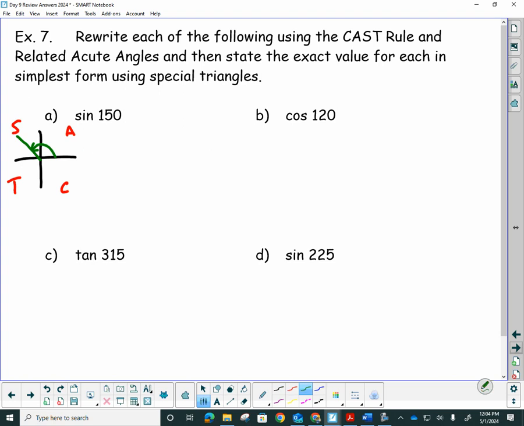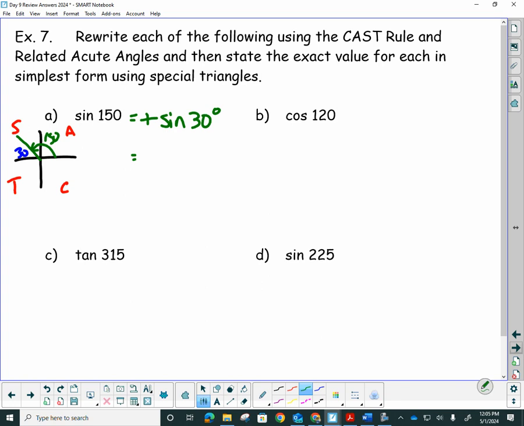So we're going to write down plus sine, and then we use the related acute angle. Since it goes 150 all the way over here, all the way over here would be 180. So 180 minus 150 is 30. So we have the sine of 30 is what we're figuring out.